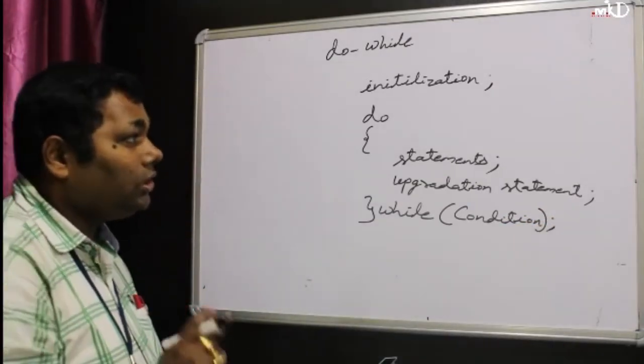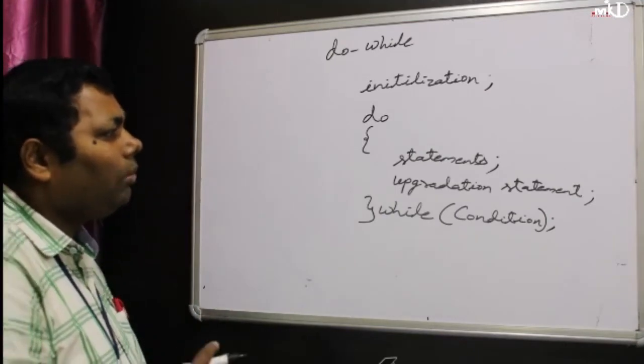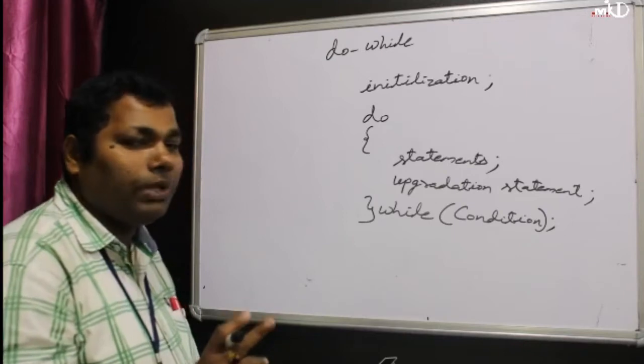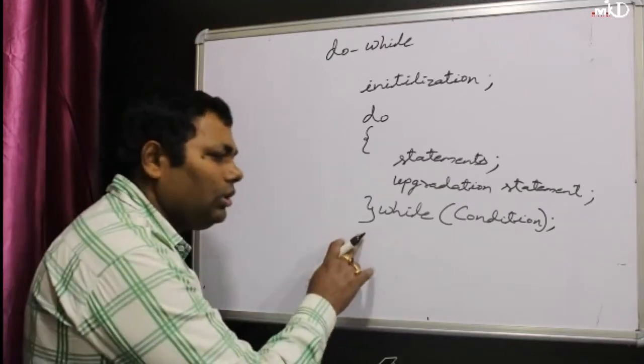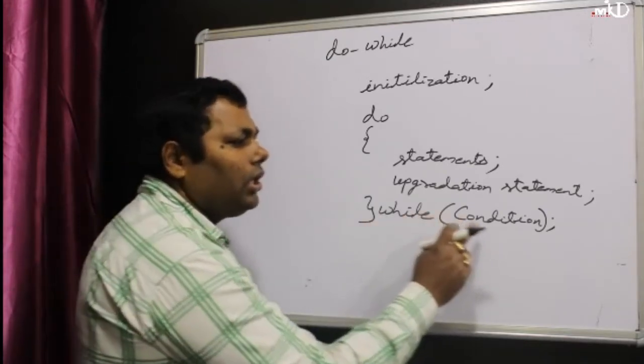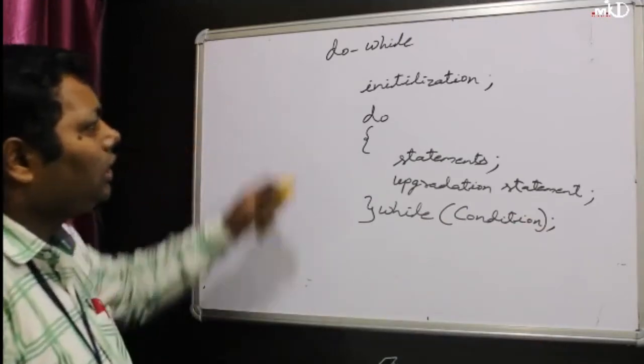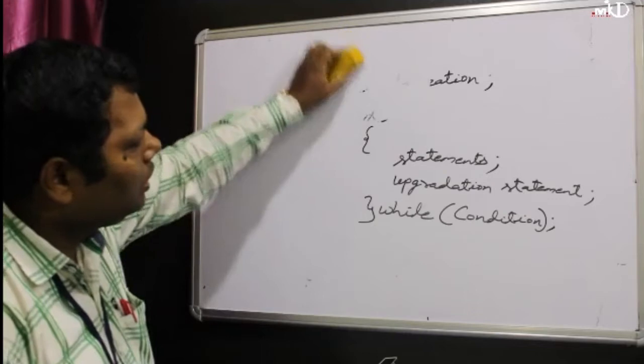Okay, so initialization, do, open curly braces, statements containing the upgradation statement, close the curly braces, while, then condition, then semicolon.